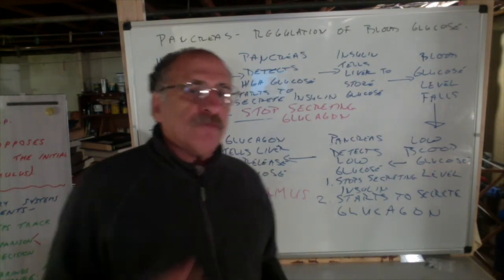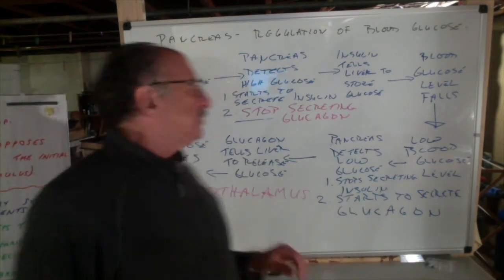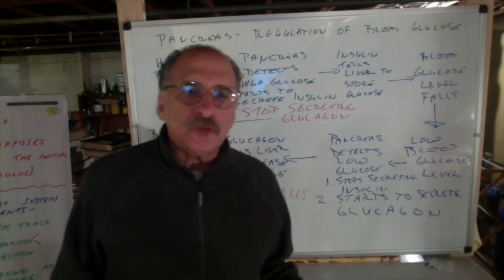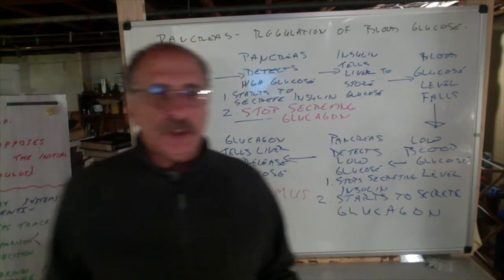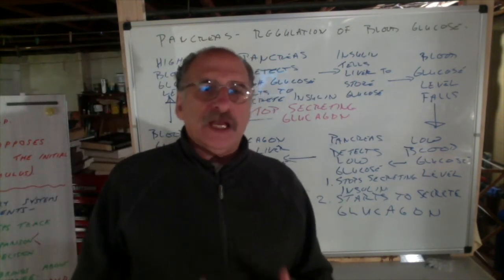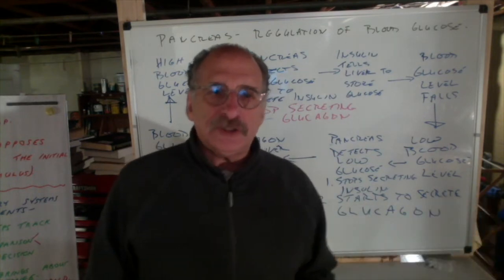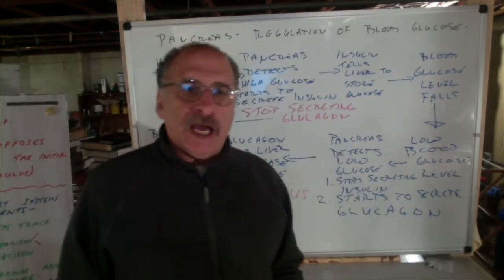Now, in what form is the information going to be sent from the pancreas to the liver? Everyone that's watching this video should know the answer to this question at this point. What form does that transfer of information take as it's been described in this diagram?